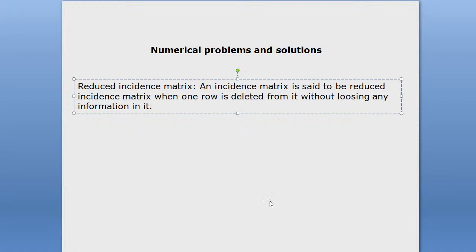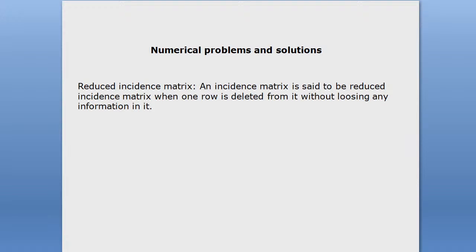This is known as reduced incident matrix. So reduced incident matrix is nothing but an incident matrix for which the order is actually decreased. The order of reduced incident matrix is lesser than that of the original incident matrix.